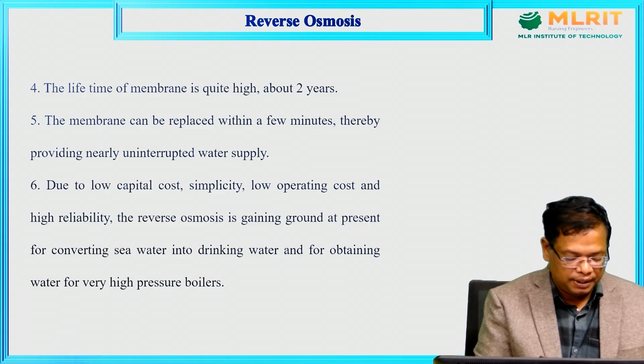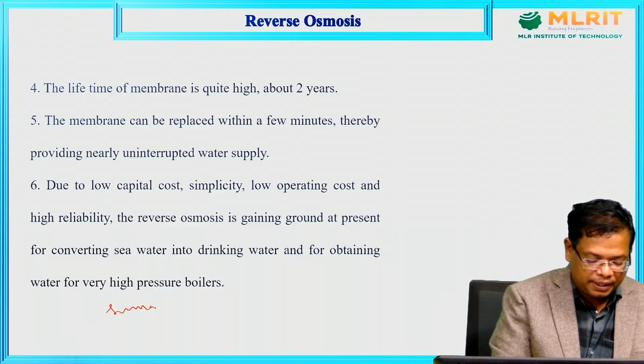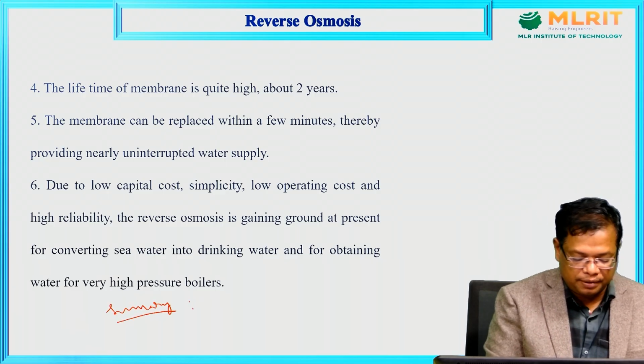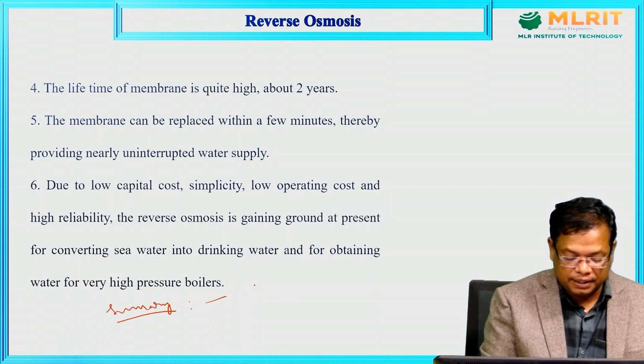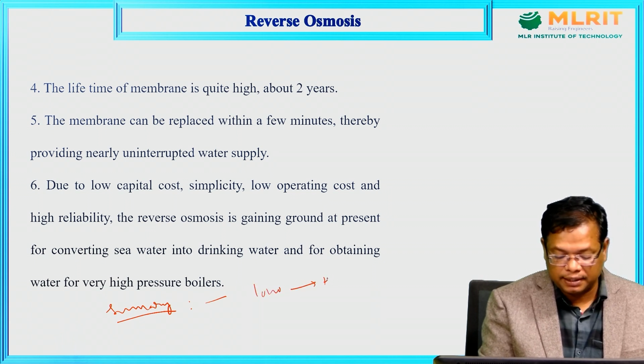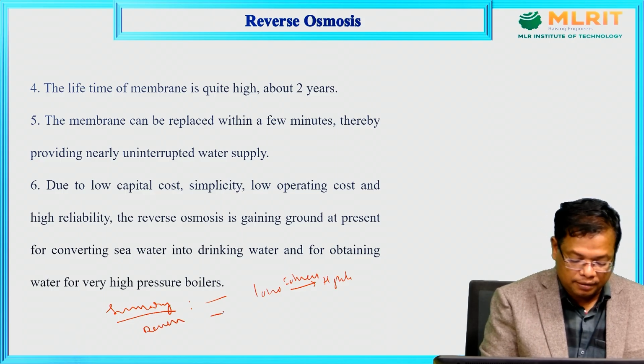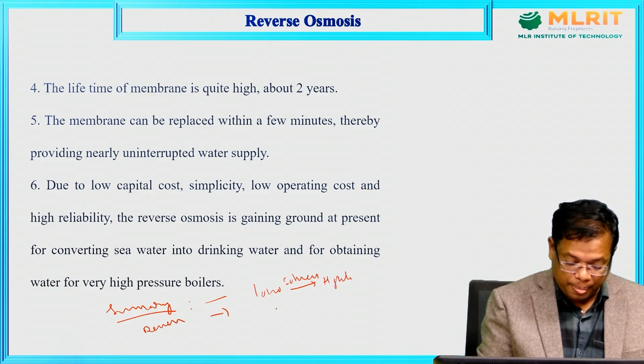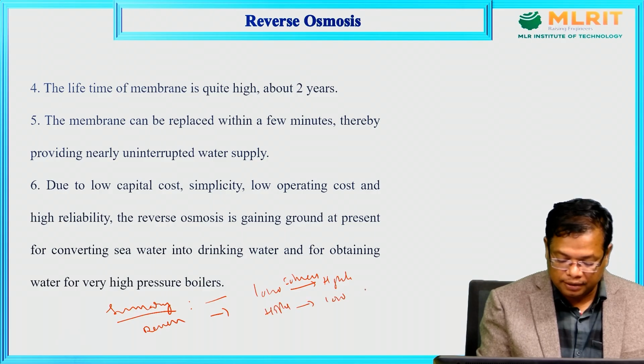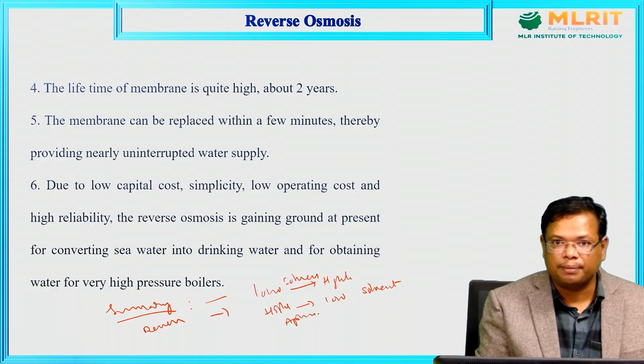So in our summary, we spoke about osmosis: the solvent moves from low concentration to high concentration. Reverse osmosis: the solvent flows from high concentration to low concentration by applying external pressure.